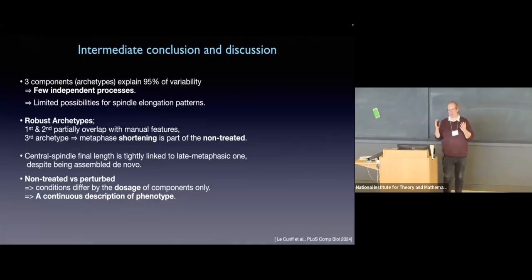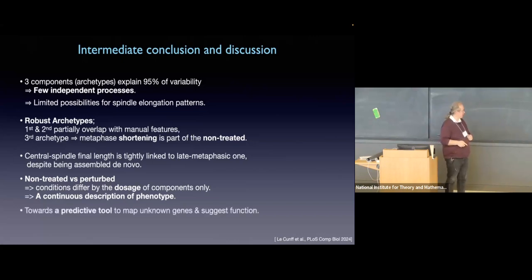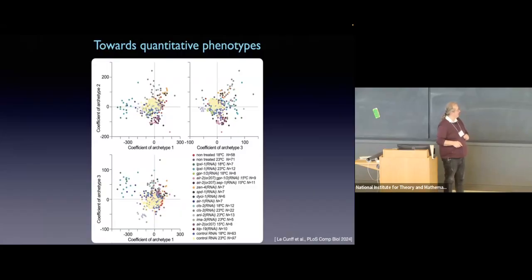And with this idea in mind, we say maybe we can now use the PCA coefficients as a kind of predictive tool to say, well, there's a gene that I don't know. I extract the PCA coefficients and look where it maps with the others. And that's exactly what we did. So you have here a diagram. You have various conditions. The detail is not really important for now. One color per condition.